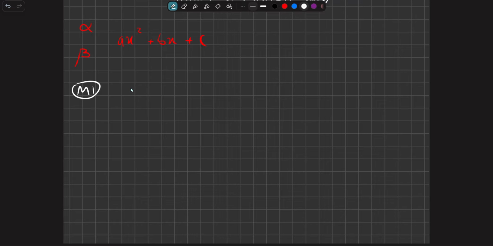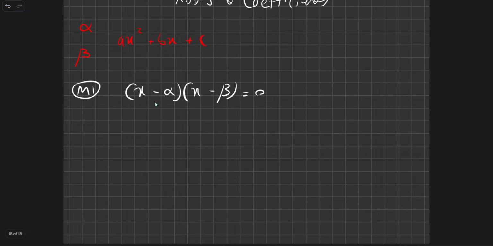Now, at this point, we've all learned that another way we can represent a quadratic is this: x minus alpha times x minus beta equal to 0. The reason why is because when you expand this, you'll get this, basically.